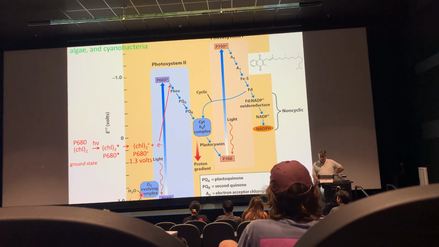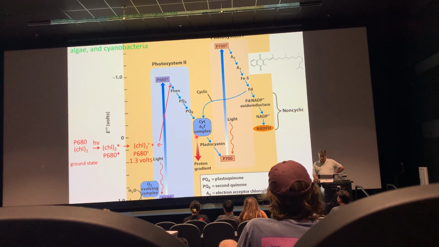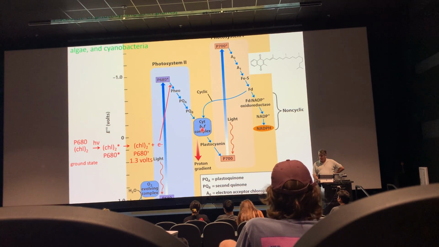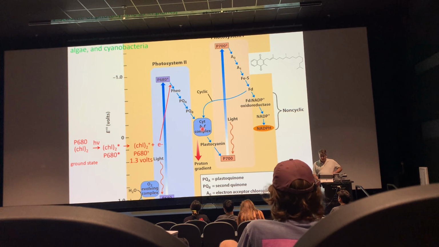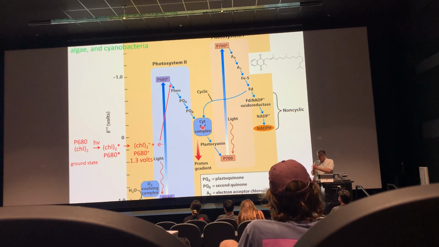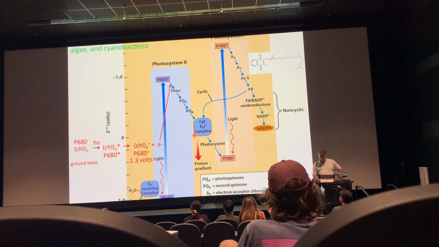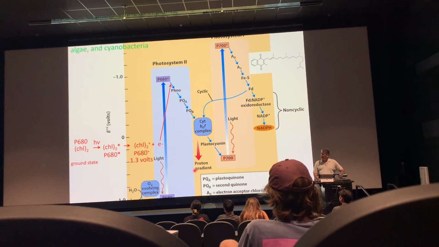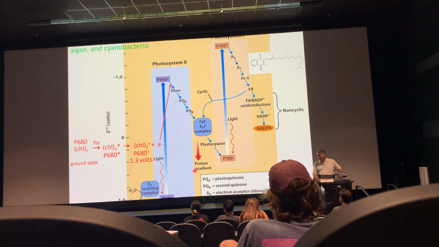Those protons, in addition to the ones coming from the cytochrome B6F complex, this is the one with two caverns, one arm going up, one coming down like this. There are two sources of protons here. And these protons are what is running the chloroplast version of ATP synthase.